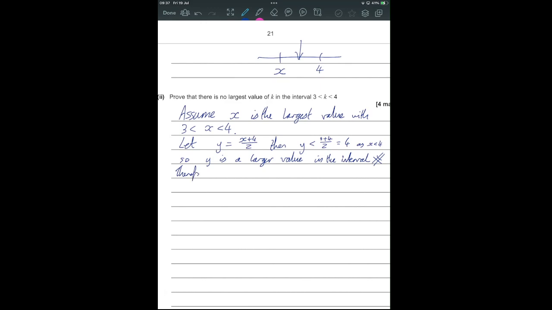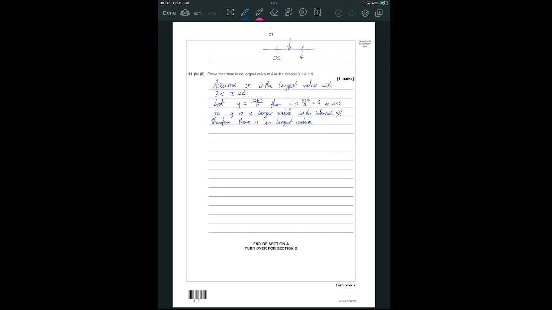Therefore, there is no largest value. As soon as we have a largest value, we can find one that's bigger and it breaks.